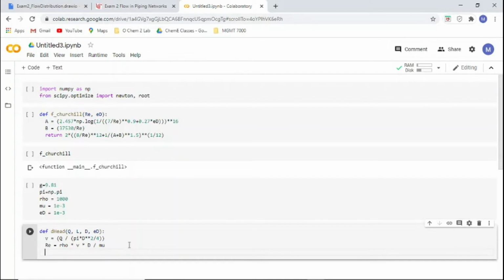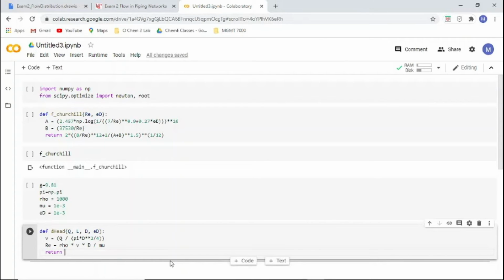Now what we want to do is return that value for the change in head. So to do that, we'll type return, and we need to plug in the equation for the change in head that we solved for in our energy balance using the Churchill equation to find the Fanning friction factor, the velocity, and the Reynolds number.